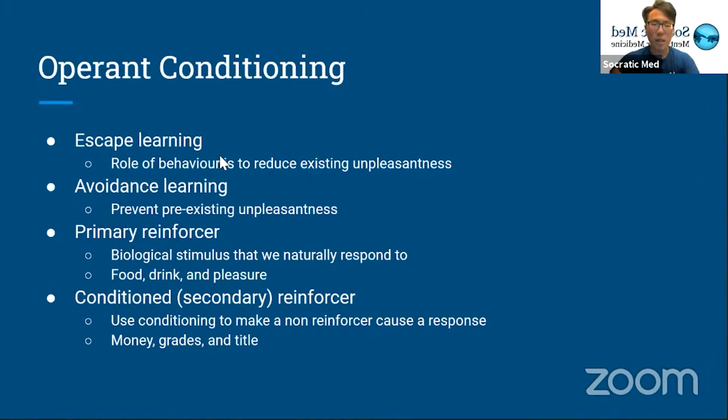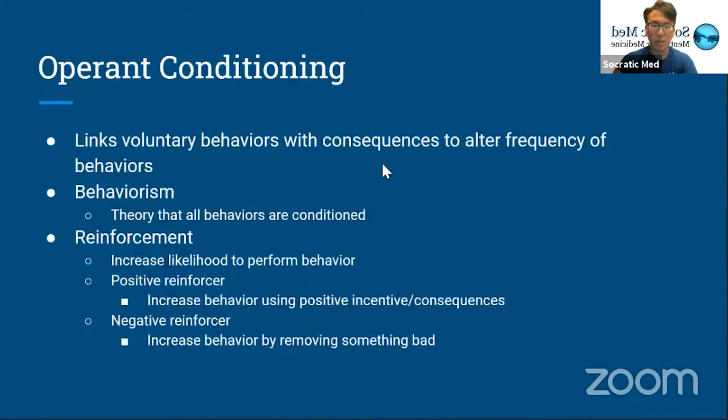So with escape learning, we're trying to increase behavior by reducing existing unpleasantness, which is related to negative reinforcement, because that's what a negative reinforcer does. It increases behavior by removing something bad.